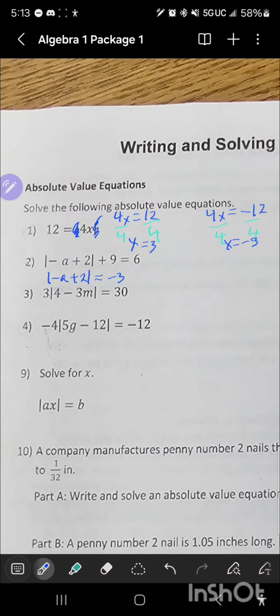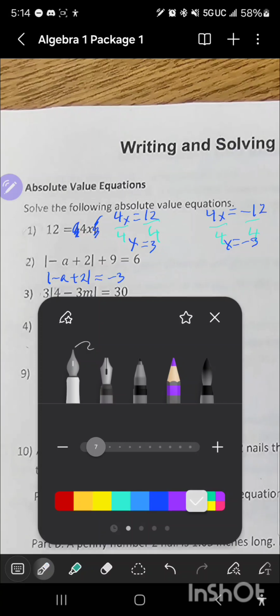Now this is a tricky question, since as I explained before, all the absolute values of any number are going to be positive. So when you have an absolute value equal to a negative number, it just doesn't have a solution.